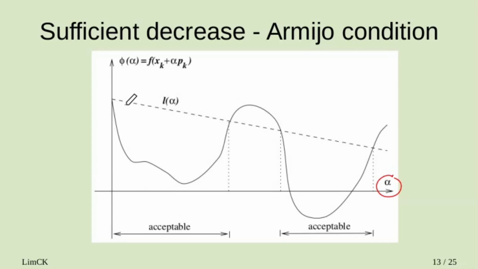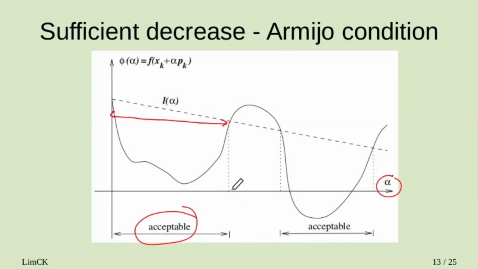Therefore, all this part, from here to here, where you have the cost function lower than this line, these are the alphas that we can accept.